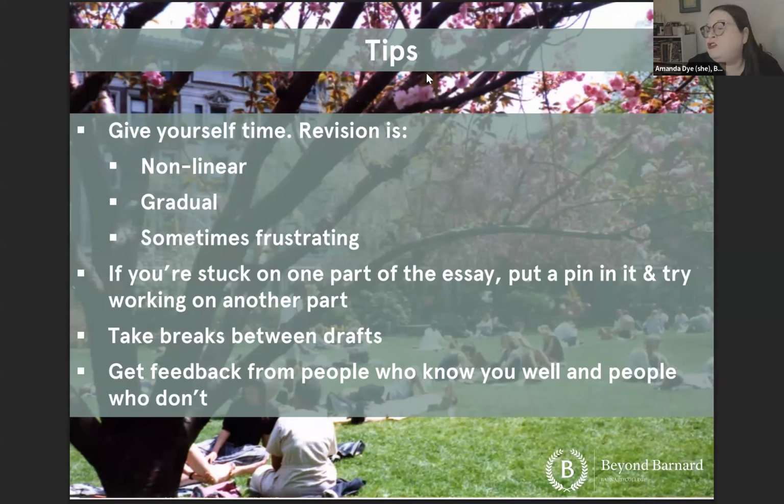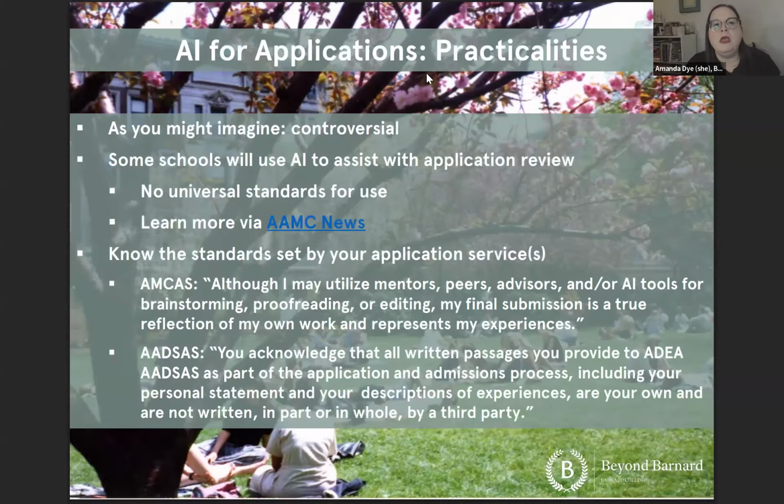I think you want to be judicious, not ask for feedback from absolutely everybody, because writing is subjective, people are going to have different opinions and you may get conflicting opinions. But I do think that it's important to receive some feedback, especially from people who know you in situations that we've discussed, as well as people maybe who don't know you as well personally, but can help you to evaluate your writing overall.